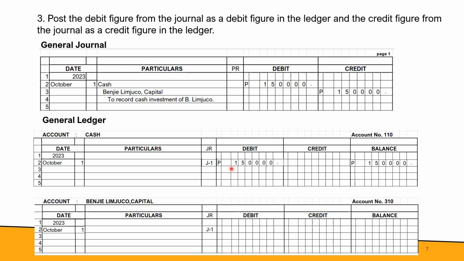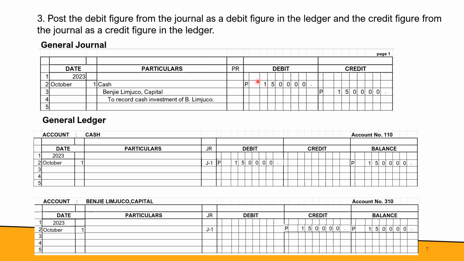In the cash account, since the debit is 150,000, the balance will also be 150,000. Back in Benji Limhoco Capital, this is a credit balance, so the ending balance is also 150,000.